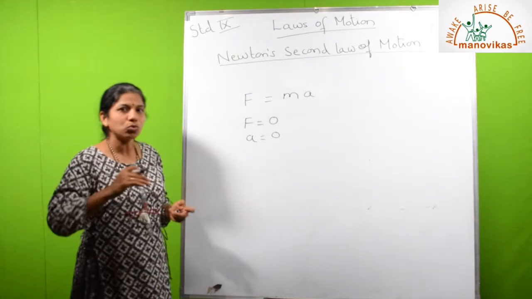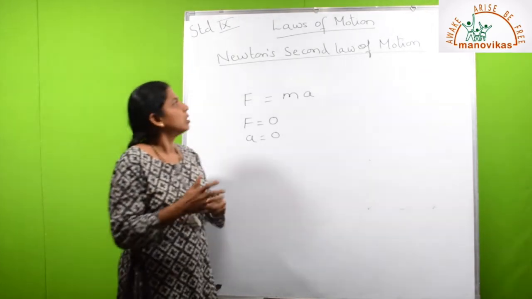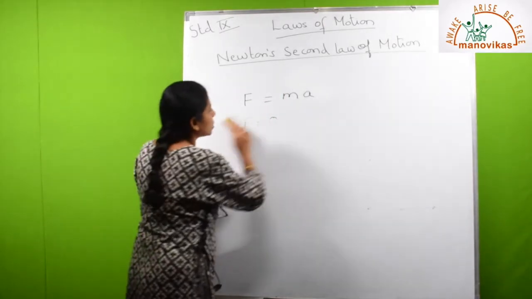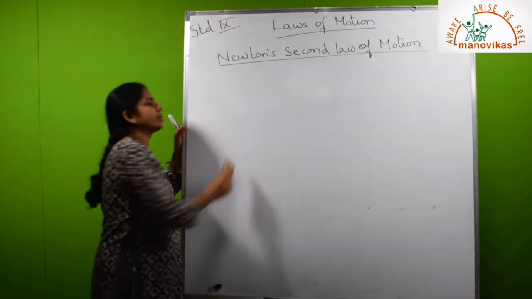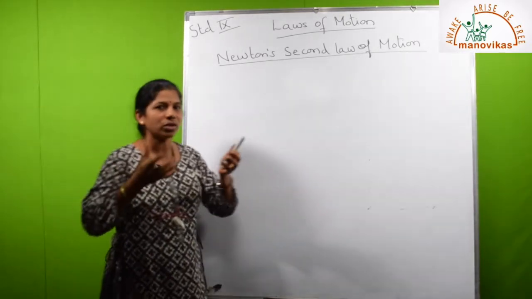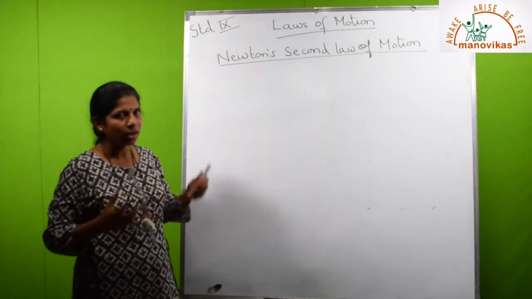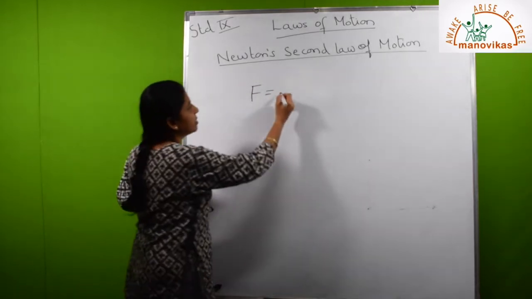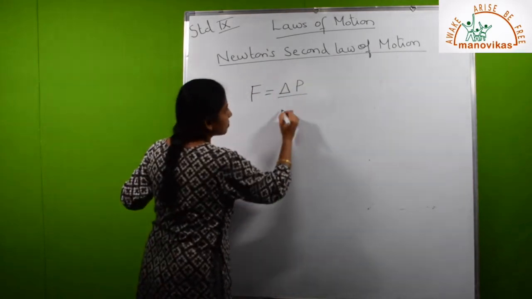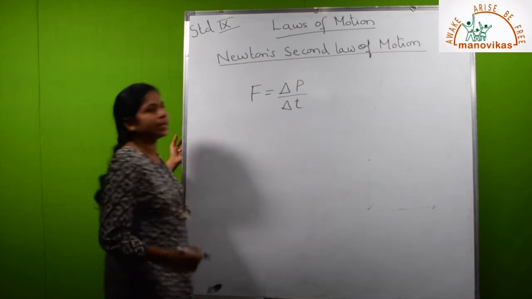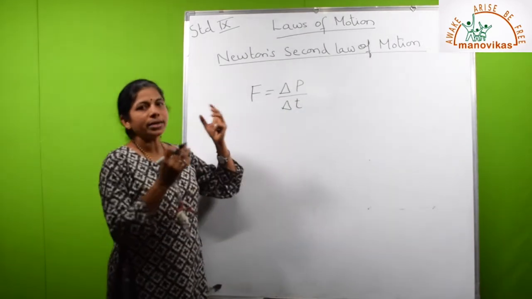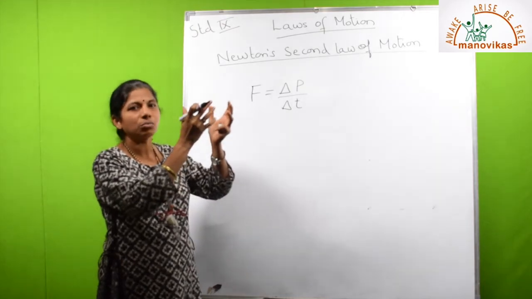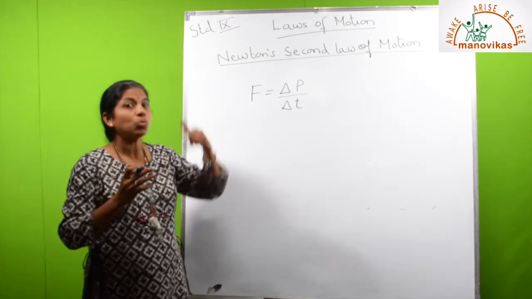Alright. Now we come to examples related to Newton's second law of motion. Now, a cricketer, when he is holding onto the ball, when a ball suddenly comes in his direction, what does he do? Now you know from this equation that force is the rate of change of momentum, delta p by delta t. So the moment the fielder is holding the ball, he will move his hands backwards. Now what is the reason?